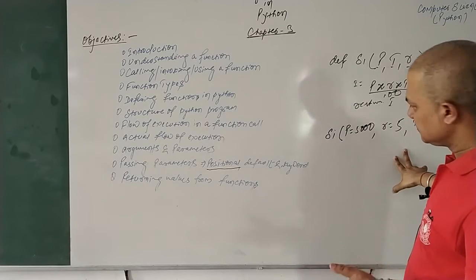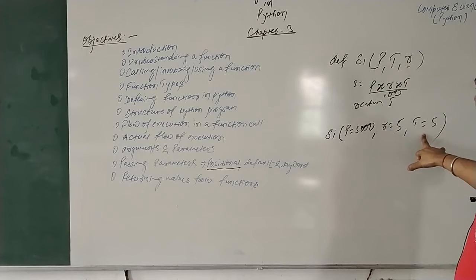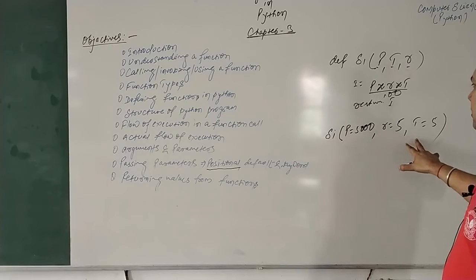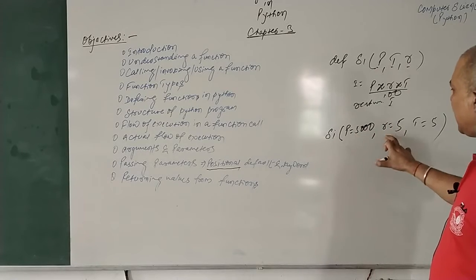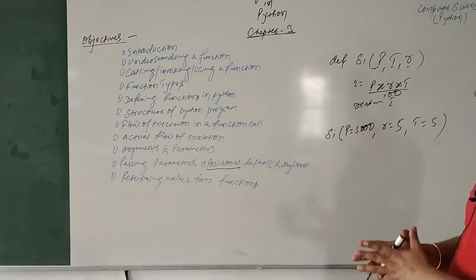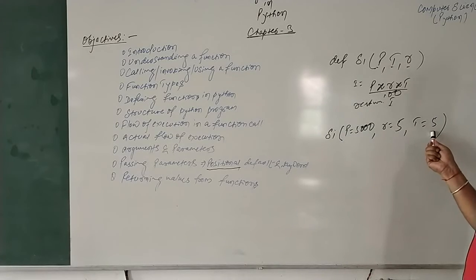As you can see, earlier, at the moment of calling that function we just passed the value as an argument. Here I am mentioning P and R and T as keywords at the moment of calling the function, so there is no confusion, and that's why it's called keyword parameters.